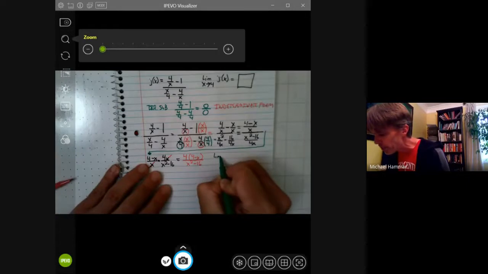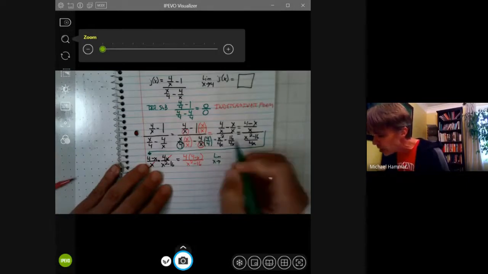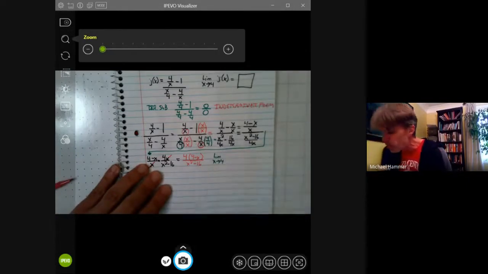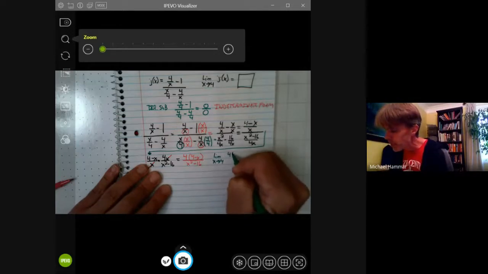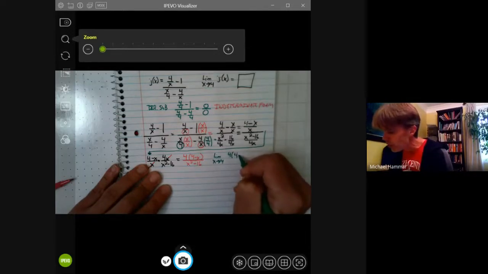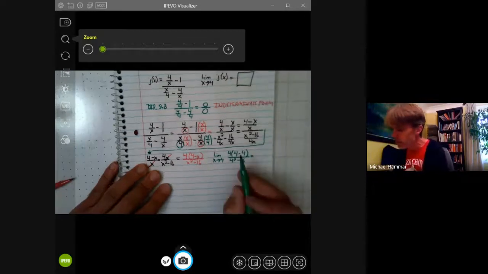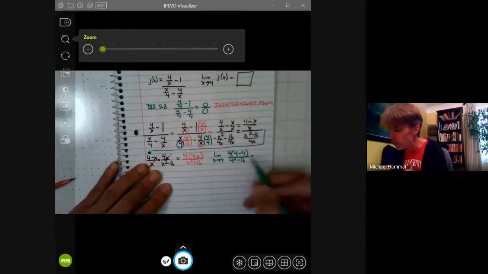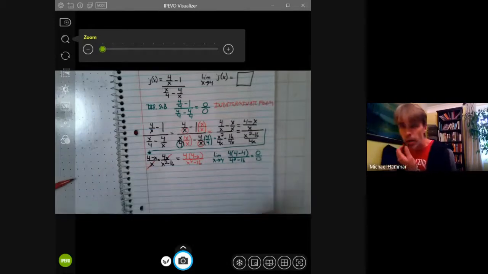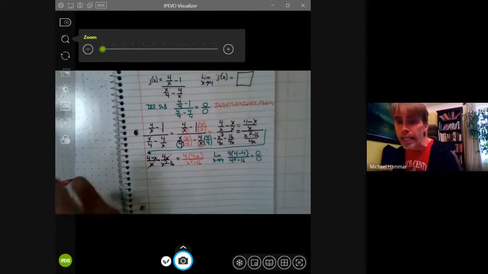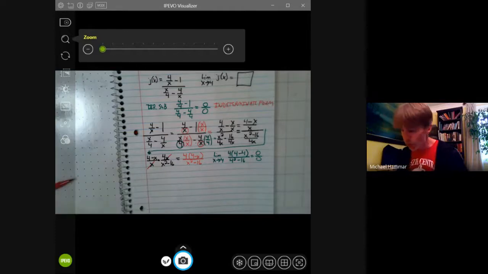I'm going to say the limit as x approaches 4 of this function. So I'm going to plug that stuff in. I'm going to do 4 and then 4 minus 4 over 4 squared minus 16. So I have 4 minus 4 is 0 times 4. It's 0 over... Oh, still have a problem. So I need to simplify this more.